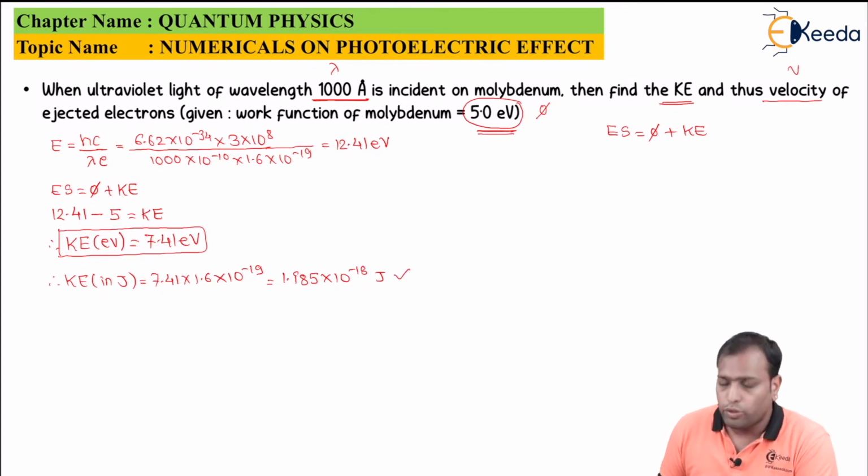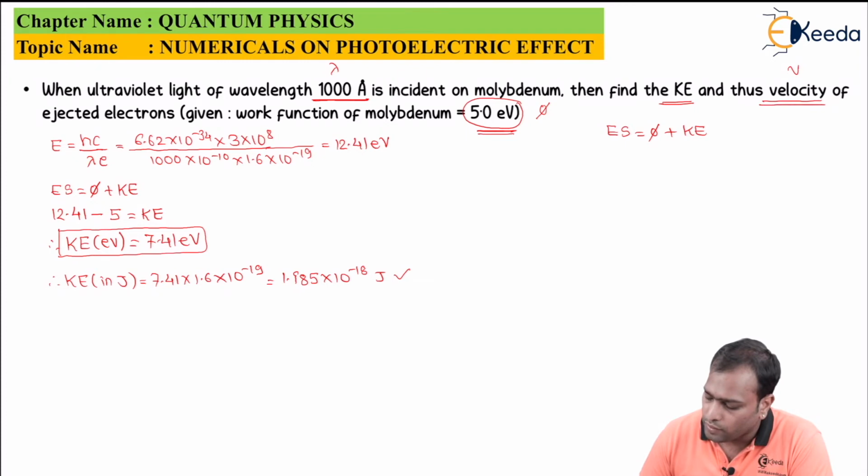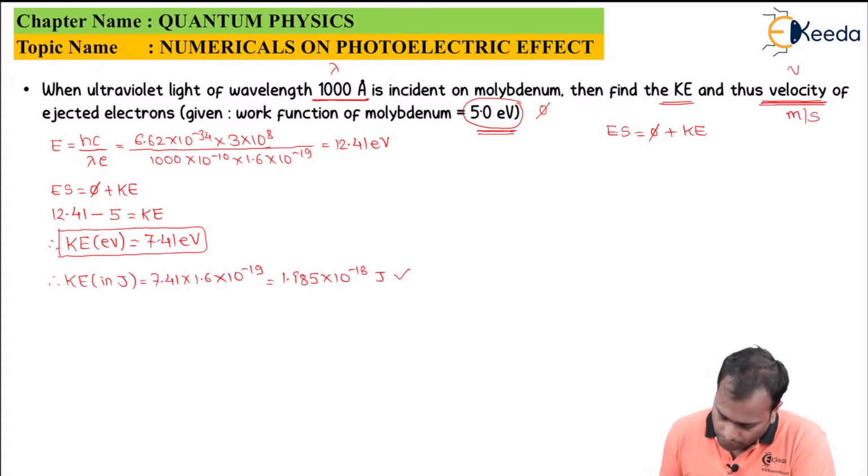Now, we had to do this in joules even if it is not asked in the question. The reason is we need to find out the velocity, which is always in terms of meter per second. Now, using the formula, KE equals half mv square, therefore v equals root under 2 KE by m.